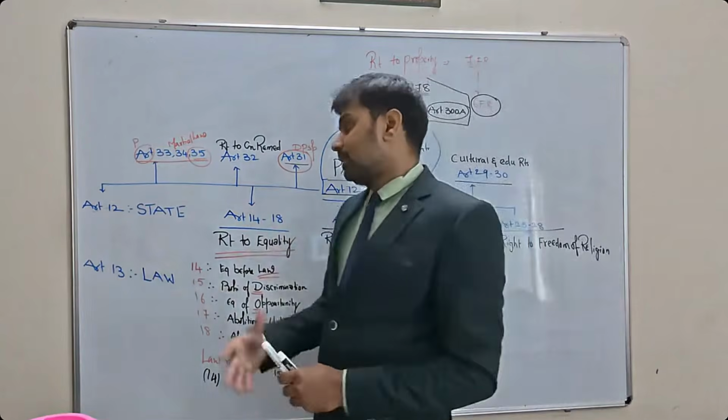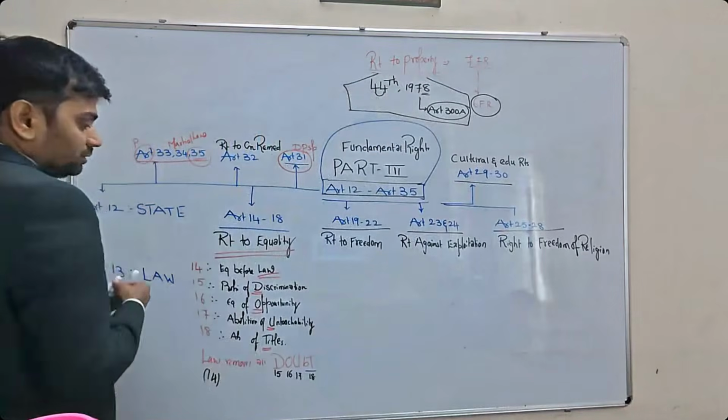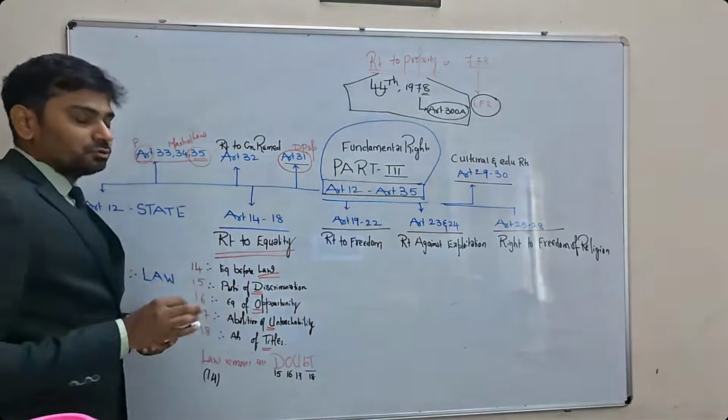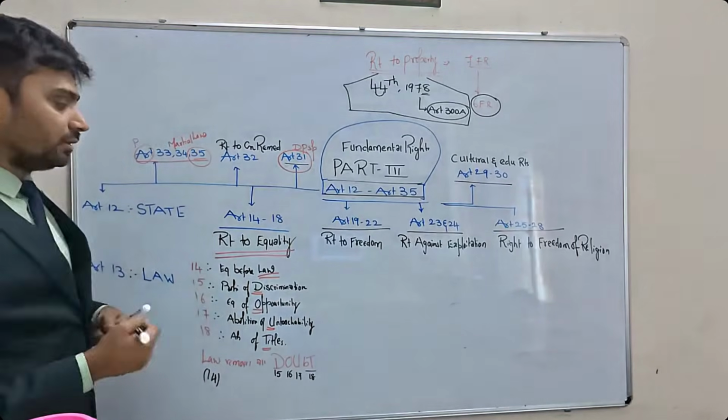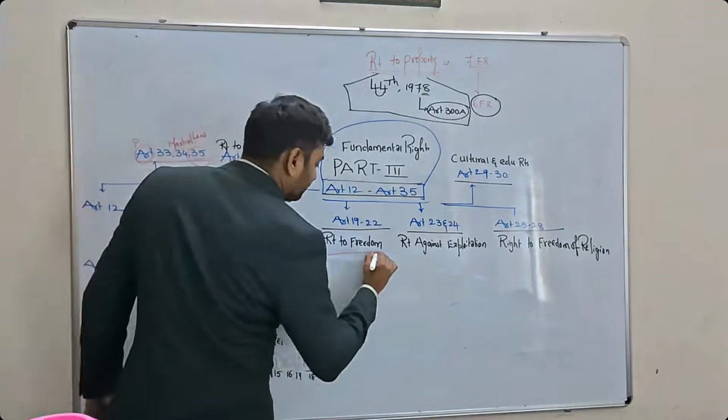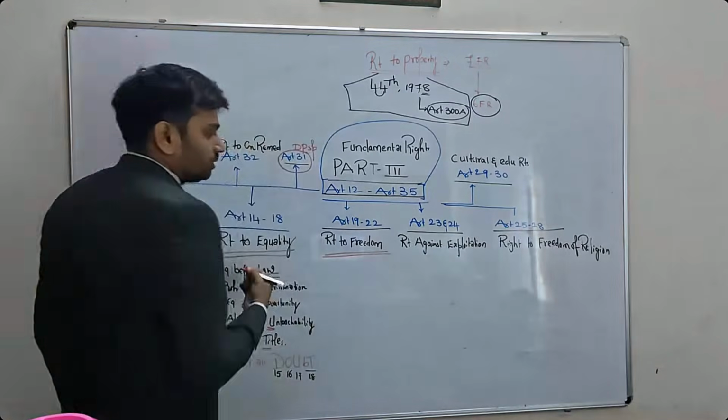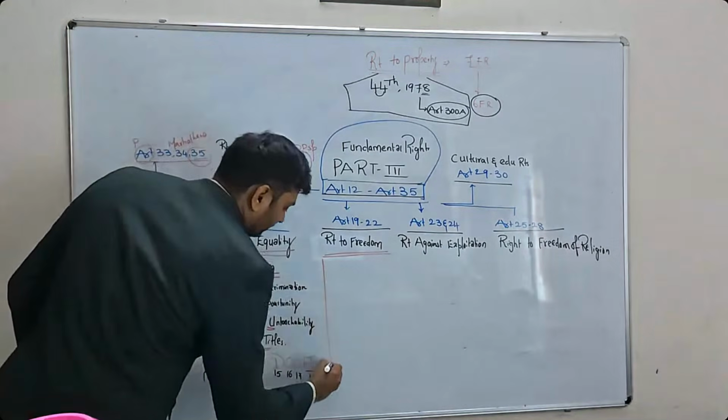Next thing is right to freedoms. So the second one is right to freedom. Law removes all doubt. First thing, equality. Next, right to freedom. Now, what are the rights that we have under right to freedom?